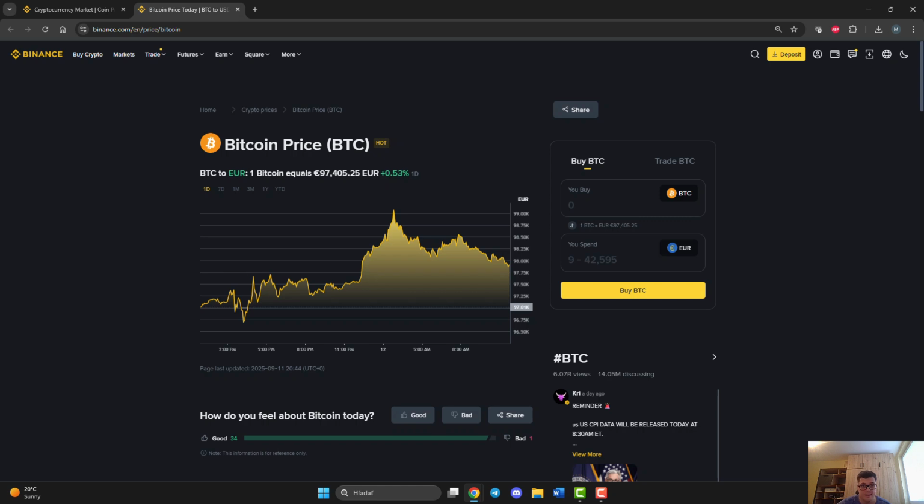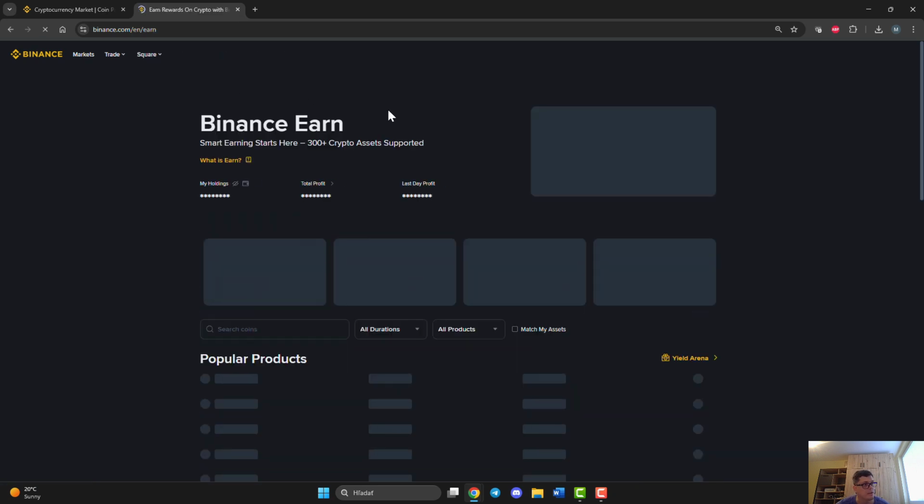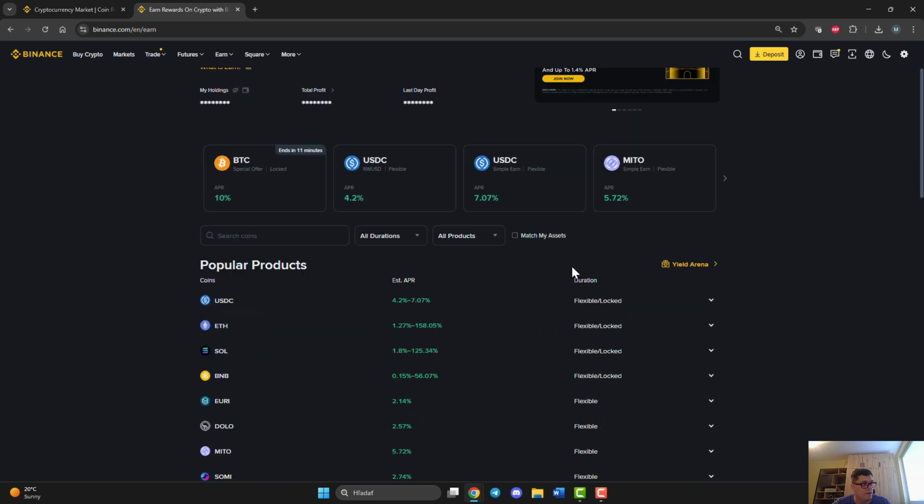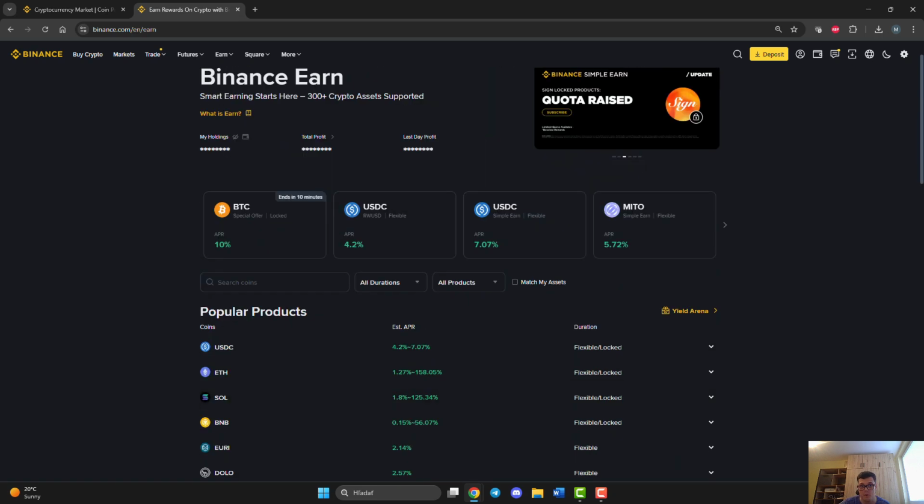So as I said, on Binance you have an earn portfolio, or let's say services, right? So when we click on earn, there are a lot of flexible or locked staking programs. For long-term growth, you can consider staking or savings programs offered by Binance.